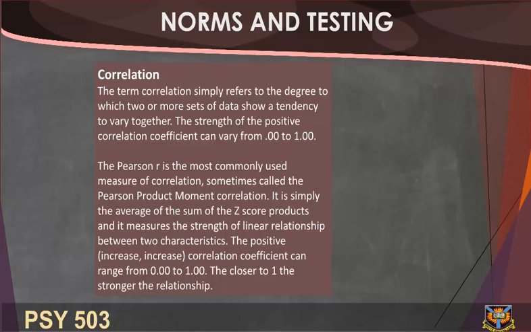It is simply the average of the sum of the z-score products, and it measures the strength of linear relationship between two characteristics. The positive correlation coefficient can range from 0.00 to 1.00. The closer to 1, the stronger the relationship.